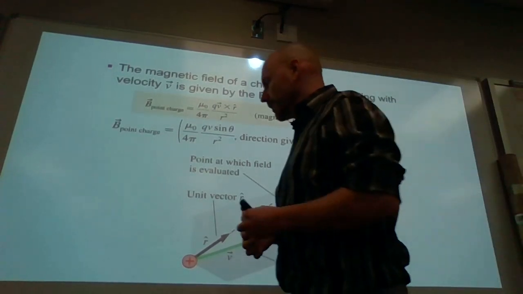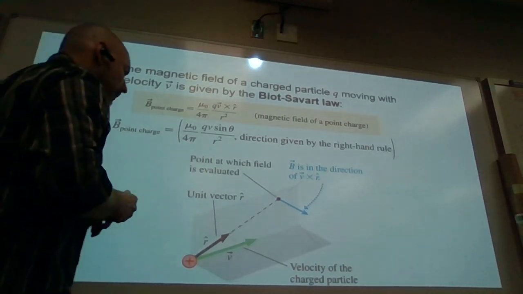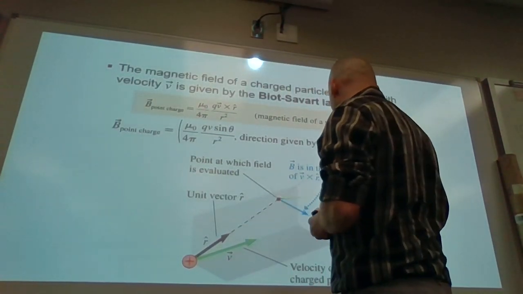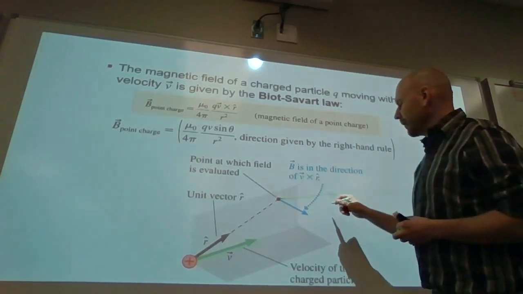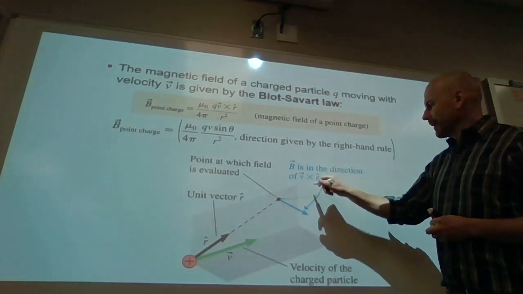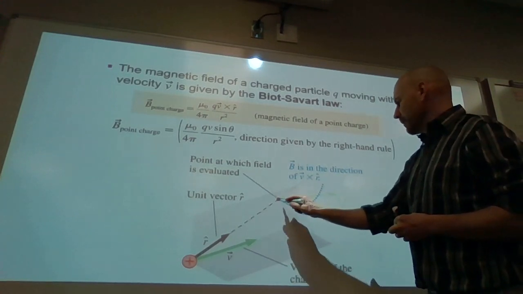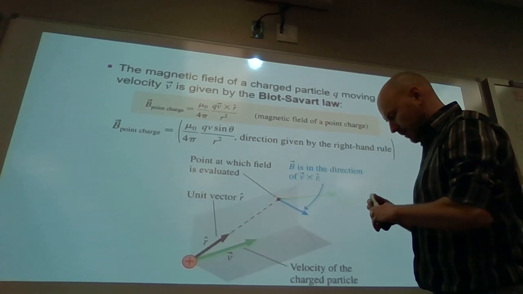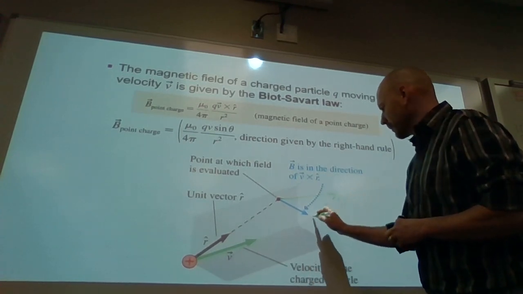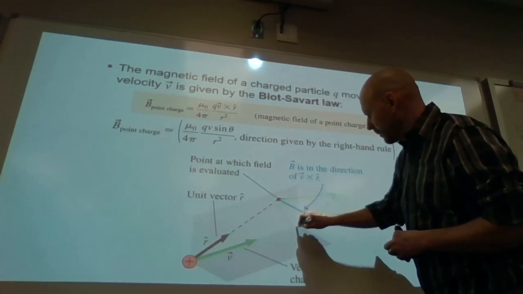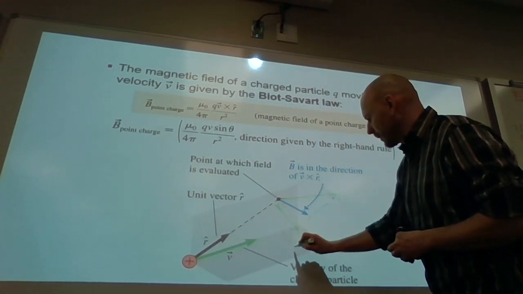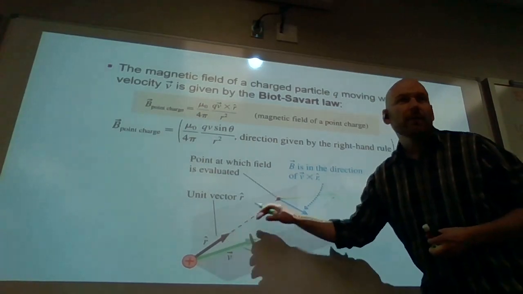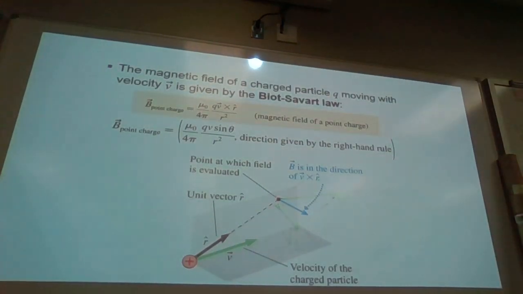I want the component of velocity that is perpendicular to this axis. That's V perpendicular to this radius vector. Does that make sense?